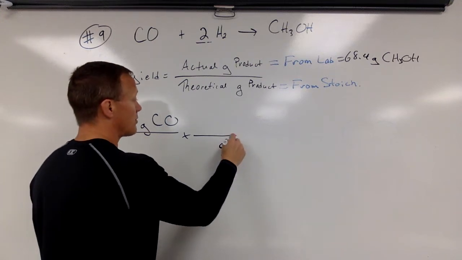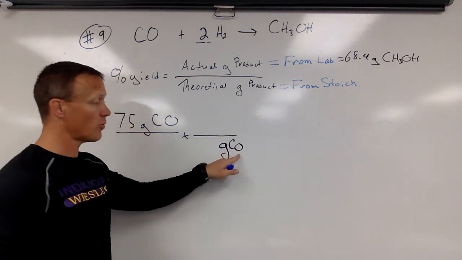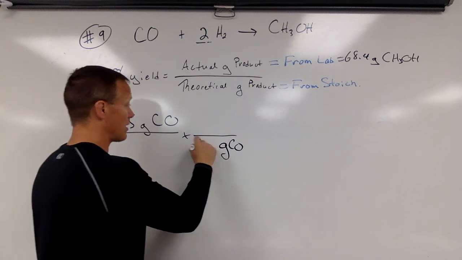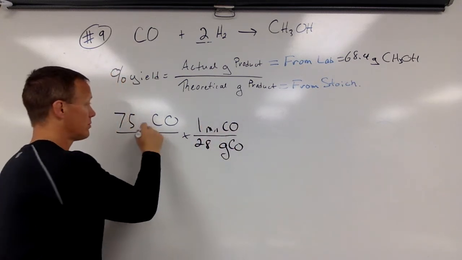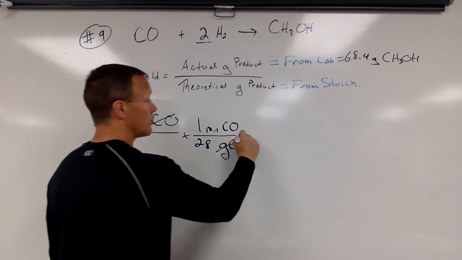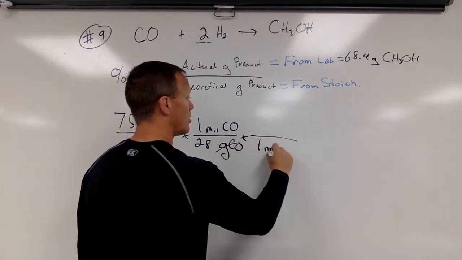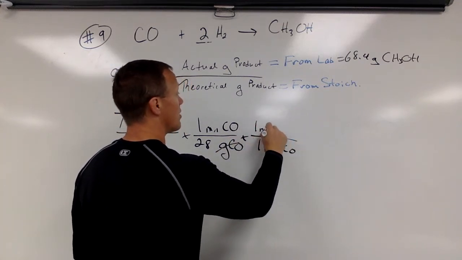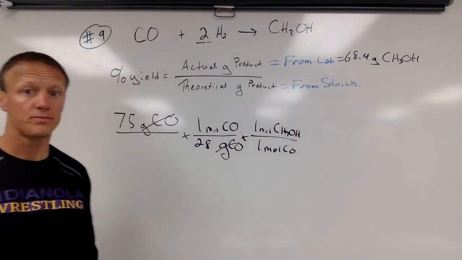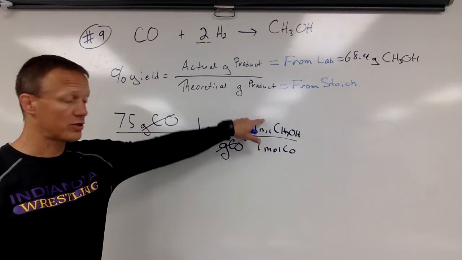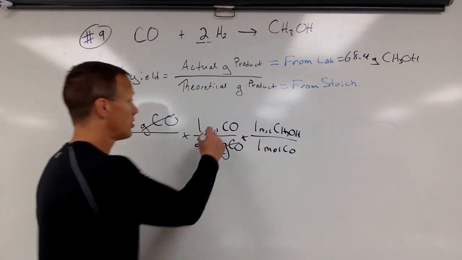So if we go grams of CO down here, carbon plus oxygen, 12 plus 16 is 28 grams per mole of CO. Grams cancel. Do our ratio. For every 1 mole of CO, a mole of CH3OH is produced. Every mole of this that we use in the reaction produces a mole of that. That's your ratio.